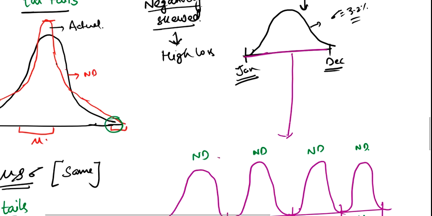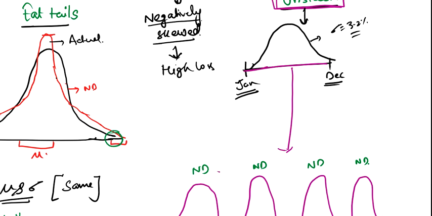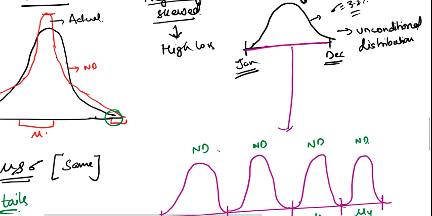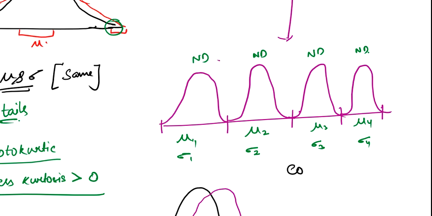First of all, this distribution is actually an unconditional distribution. Which one is unconditional? This one is unconditional distribution, because there is no condition. Clear? But the second one is actually my conditional distribution. Here I am putting the condition on data, conditional distribution. Clear?